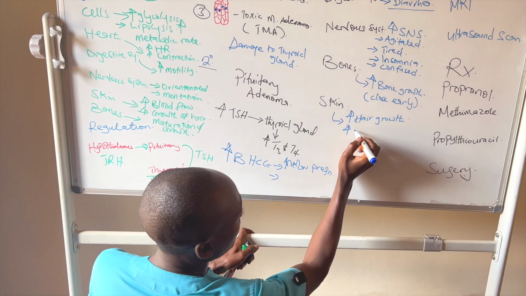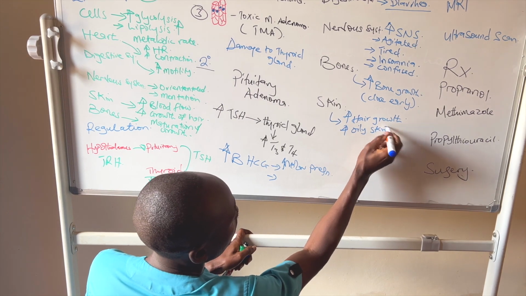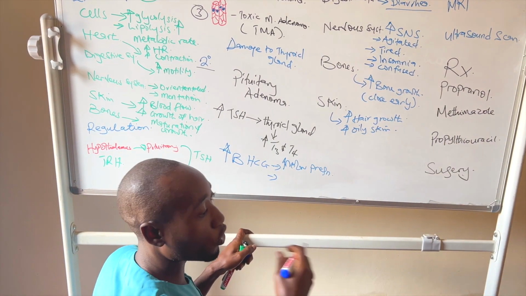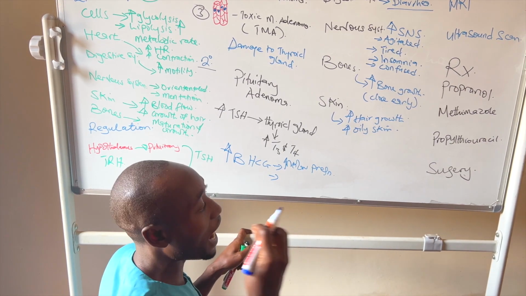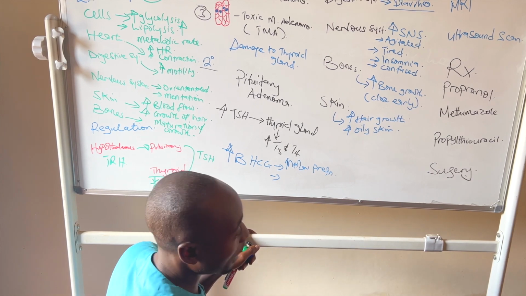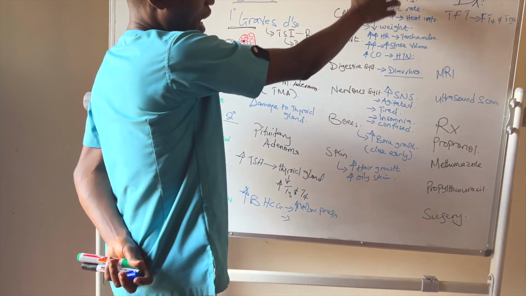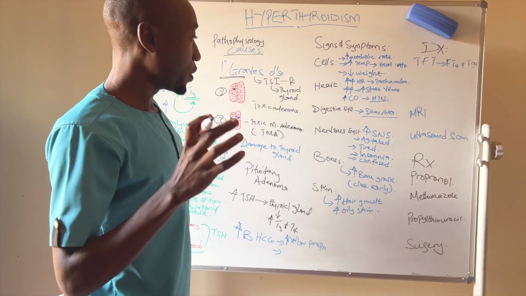So you find someone has an oily skin, and therefore even the hair grows very fast, but also is what we call coarse, is hard. Okay? Someone has hard hair. Now, these are classic signs and symptoms of hyperthyroidism.